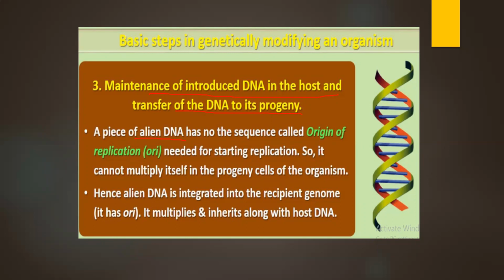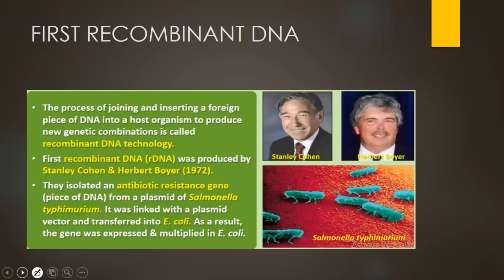In this chromosome, we all know that there is a specific DNA sequence known as ori, which is responsible for initiating replication. Therefore, for multiplication of any alien piece of DNA in an organism, it needs to be a part of the chromosome, and it has to be present near the ori. Thus, the alien piece of DNA is linked with the ori, so that it can replicate and multiply itself in the host organism. And what do you call this? You call this cloning. So these are the three basic steps.